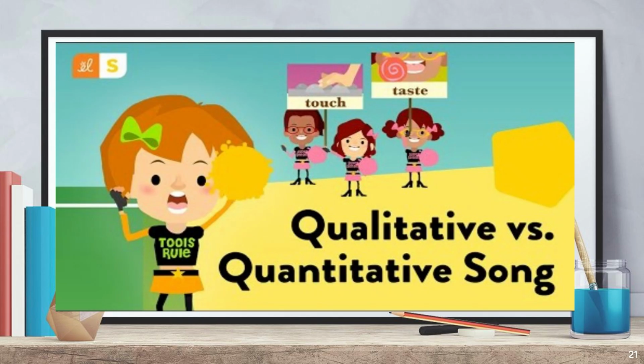Qualitative, touch, taste, see. Quantitative, 1, 2, 3. Qualitative, listen, smell. Quantitative, measure, well. Qualitative means you use your senses, that's right, like hearing, taste, touch, smell, and sight. Quantitative means you use your tools, oh yes. We measure so you never have to guess.